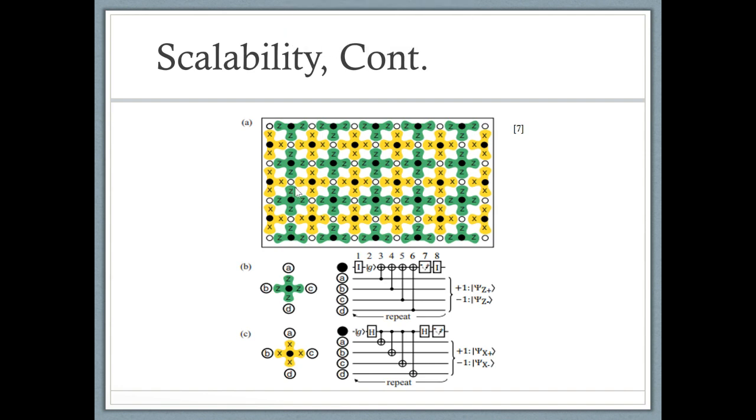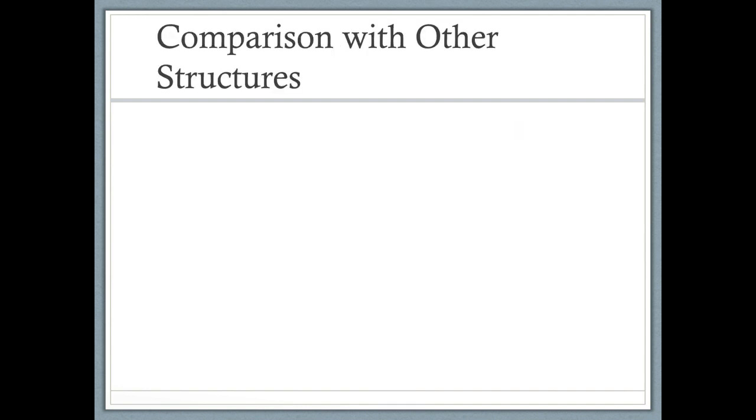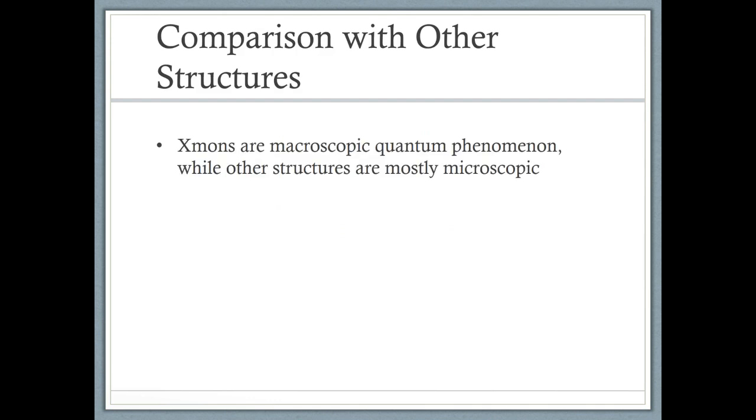And now let's take a step back from the technical details of the X1 and talk about the comparison with other structures. So firstly, X1, as you know, is based on the Josephson junction. X1 is a macroscopic quantum phenomenon, while other structures such as electron spins are mostly microscopic.